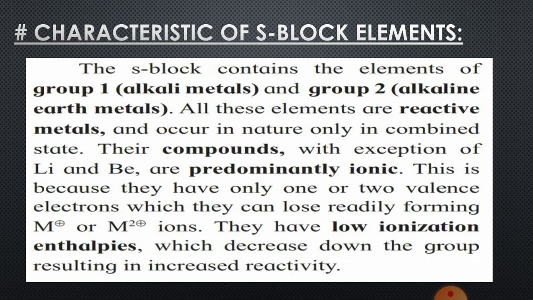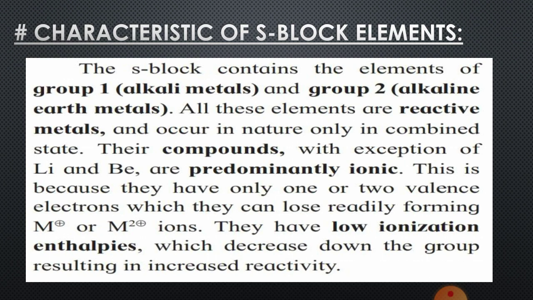As we know, the s block elements consist of two groups, group 1 and group 2, where group 1 is the alkali metals and group 2 is the alkaline earth metals. All these elements are reactive metals, meaning they are reactive in nature and they occur only in the combined state.